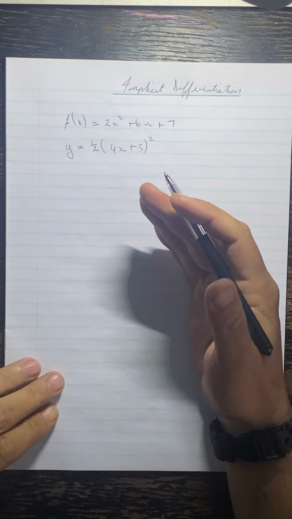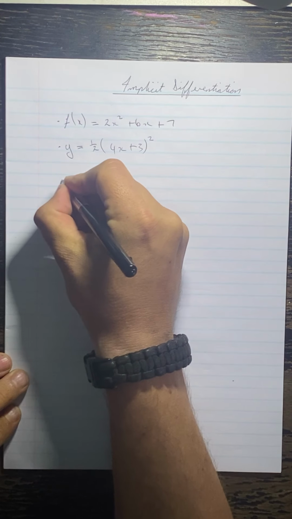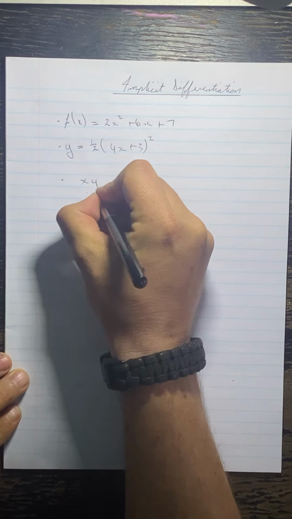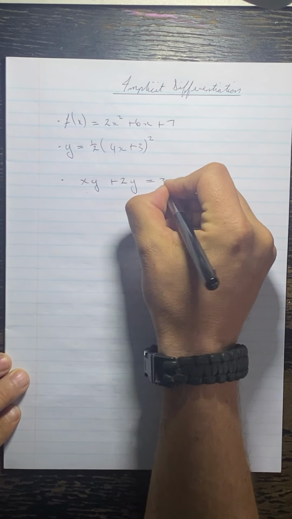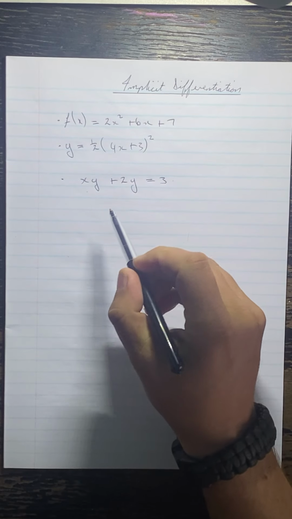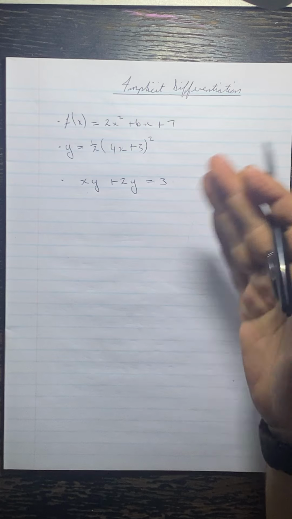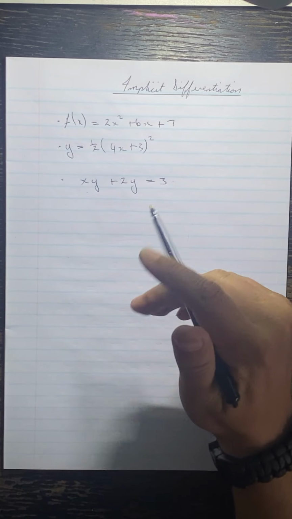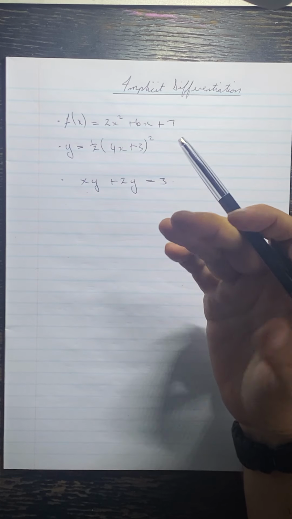What happens if they give you a function like xy plus 2y is equal to 3? Now we've got this in terms of two variables. We don't just have an x on the one side or another variable. What I can do, however, is get that one variable on its own.